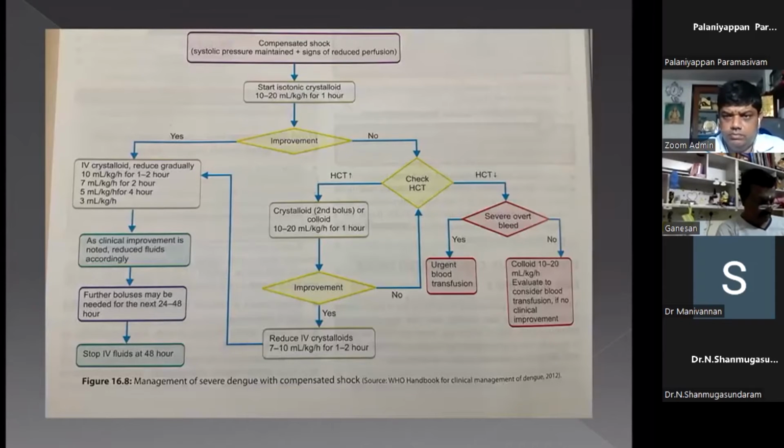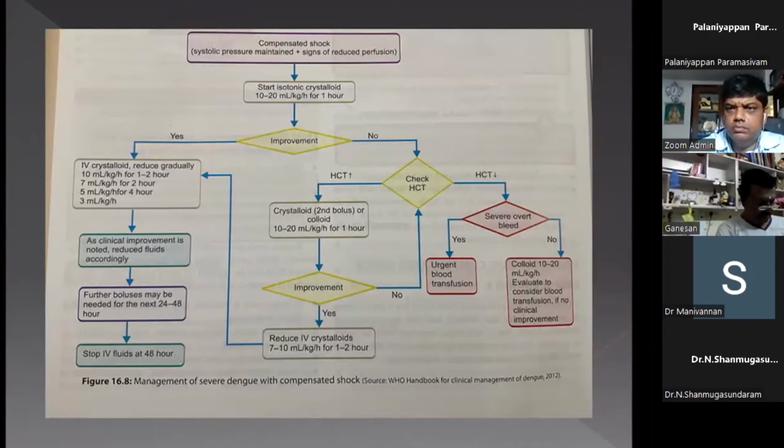In any compensated shock, start the child on 20 ml per kg of normal saline for a period of 1 hour. If improvement is there, reduce the dose to 10 ml per kg for 2 hours, then 7 ml per kg for 2 to 4 hours, then 5 ml per kg for 4 hours. Slowly you can taper. Then you can change over to oral fluids also.